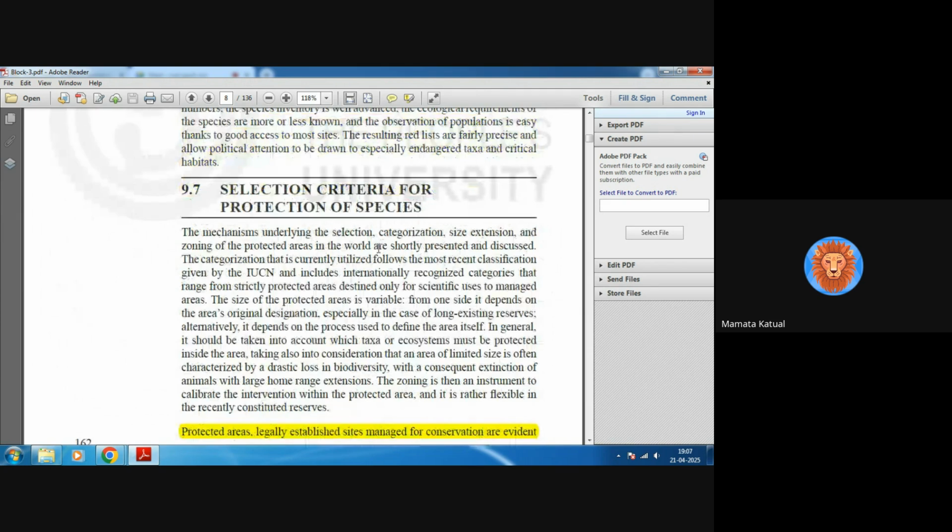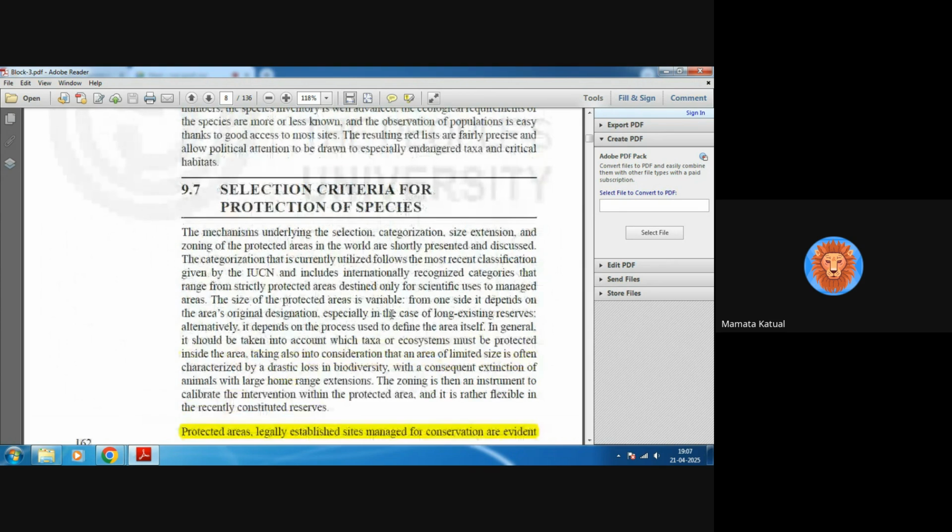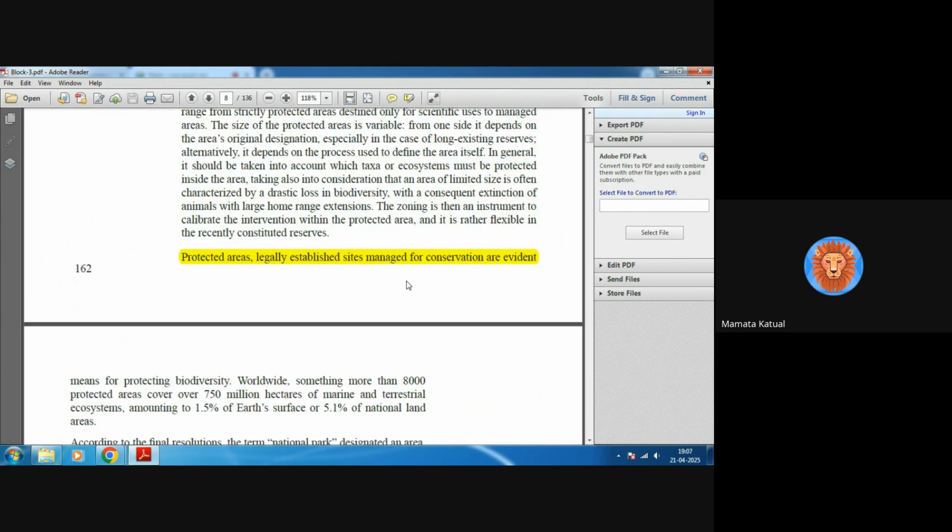Next is selection criteria for protection of species. So IUCN recognizes many different criteria for protection of the species.